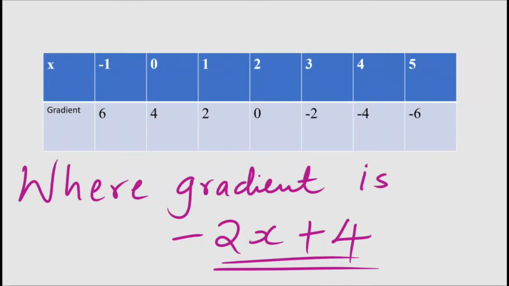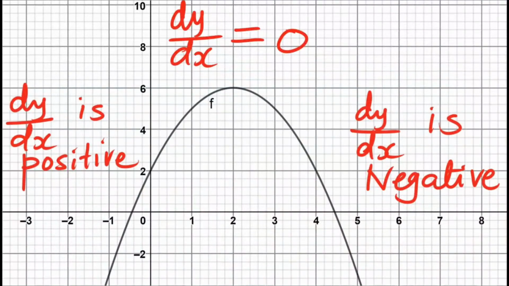After you draw the graph of that function, this is how it looks. You notice from the table of values that on the left hand side of this curve, the gradient is positive. At this point, the gradient is 0. To the right, the gradient is negative.